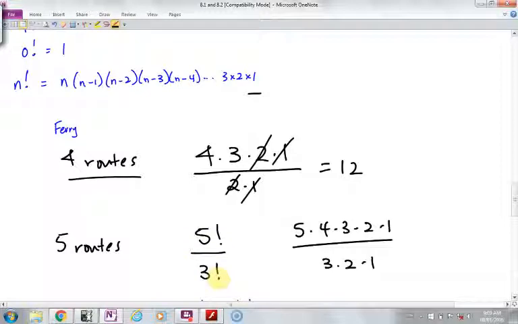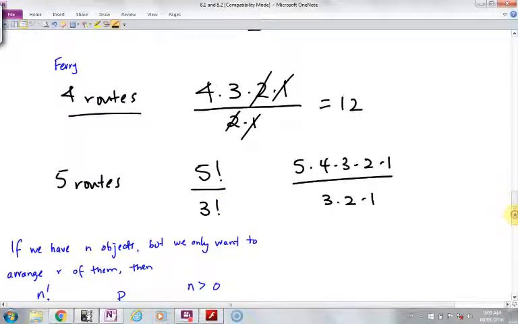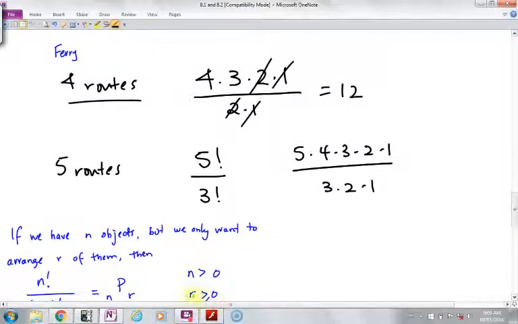Okay? So this is a situation where I have a number of choices, 5, but I'm only going to pick 2 of them. So it's 5, pick 2. And that's how we would do it. And we have a notation that allows us to shorten that down a little bit. Okay? So this is all about notation today and how to use it.